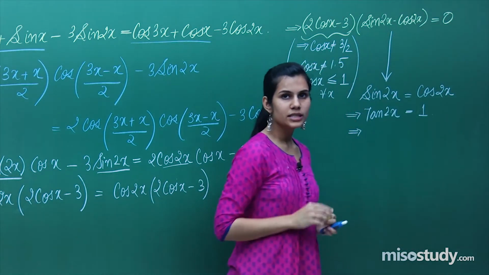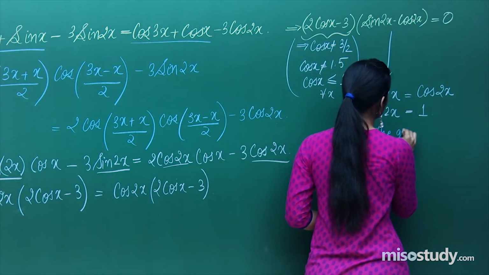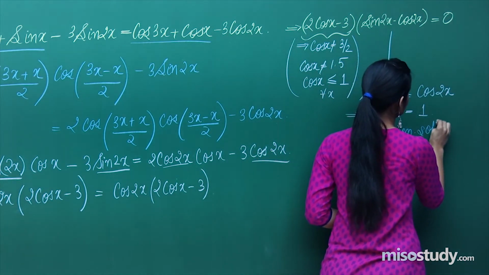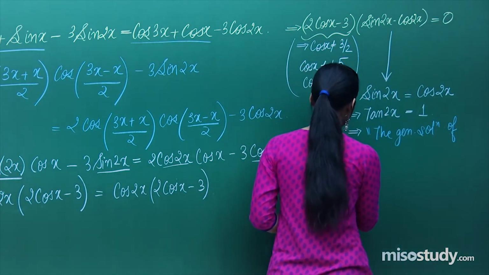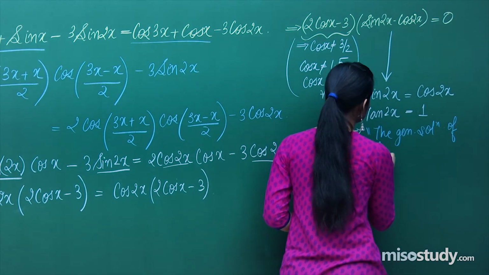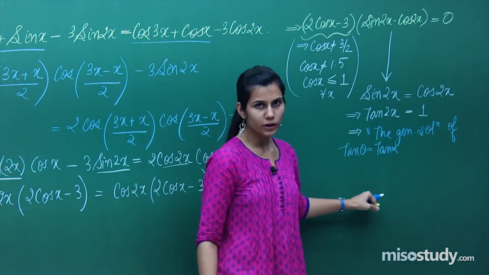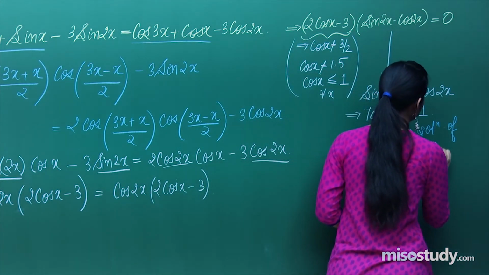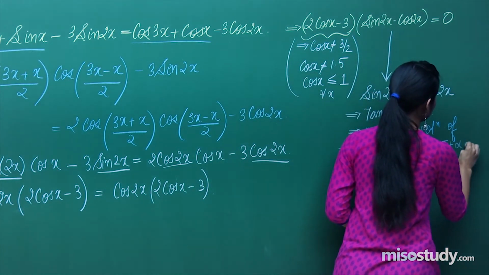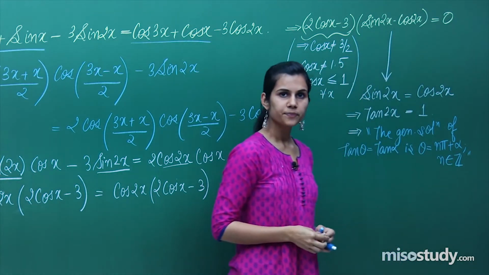Well, now is the time to recall the general solution of tan theta equals tan alpha, where alpha I can say is an angle in the principal domain of the tan function, is theta equals n pi plus alpha, n in the set of all integers.